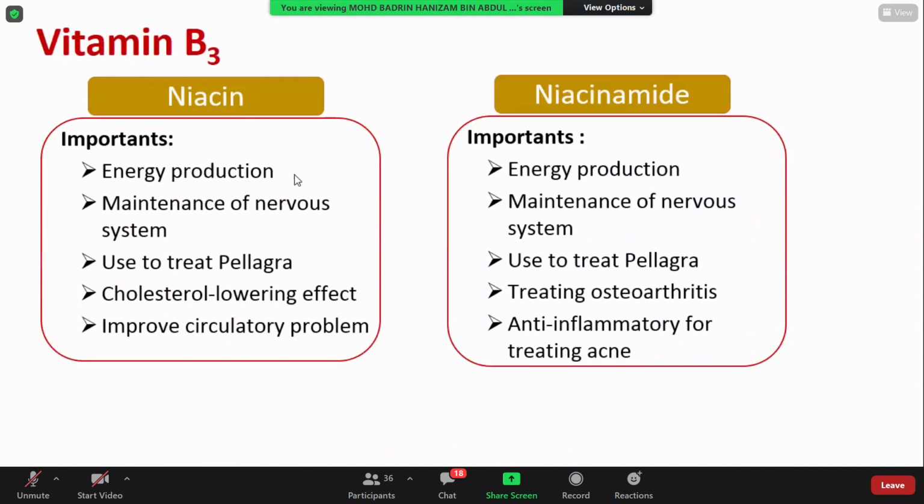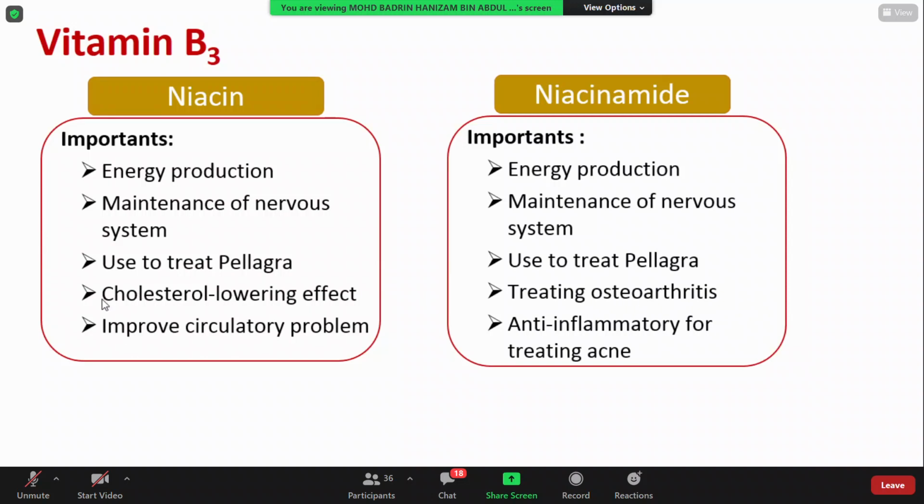All right, niacin and niacinamide. Let's see the importance of these two. Energy production, similar, both important in energy production, maintenance of nervous system, used to treat pellagra, deficiency of vitamin B3, cholesterol lowering effects for niacin, but not niacinamide.